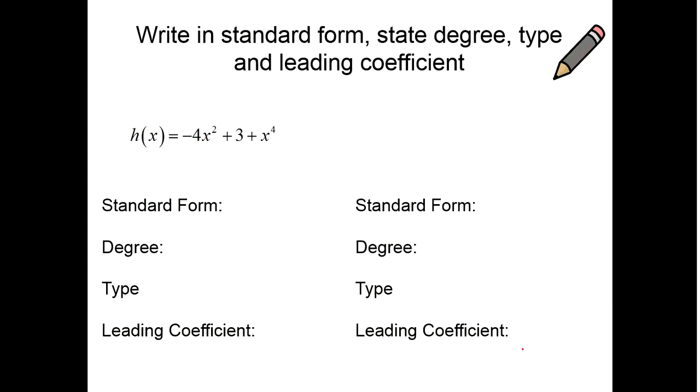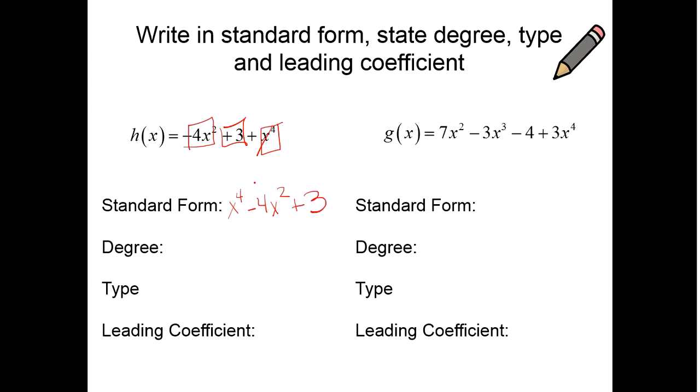Let's take a look and actually write a couple of things in standard form, and let's figure out its degree and whatnot. So for standard form, it looks like I have an x to the 4th, so it has to go first. So I'd have x to the 4th, and then we're going to go to this negative 4x squared, and then I have this 3 left behind, right? So now, this is in standard form.